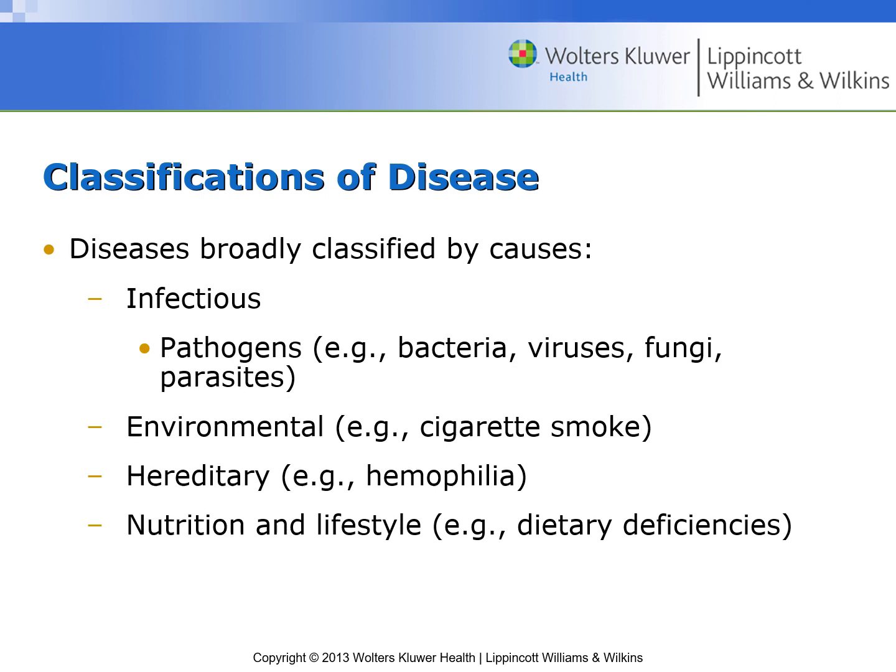There are also hereditary causes of diseases such as hemophilia. And there are also what we refer to as nutrition and lifestyle causes of disease, such as dietary deficiencies or not consuming the right amount of food, or consuming too much of one type of food.